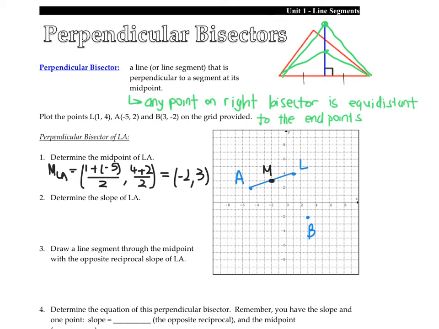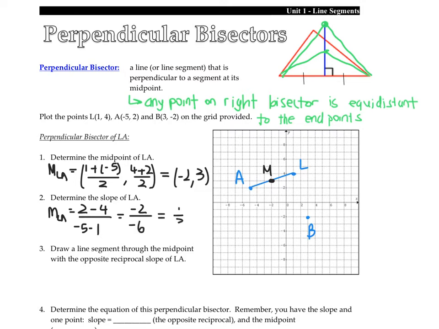What I also know is that the slope of my perpendicular bisector is going to be perpendicular to LA, which means I need to find the slope of LA. So I have my change in y, so 2 minus 4, over my change in x, -5 minus 1. 2 minus 4 is -2. -5 minus 1 is -6.